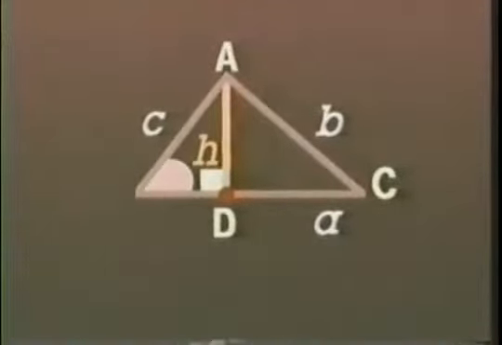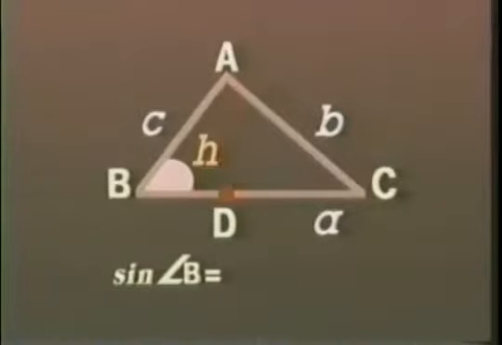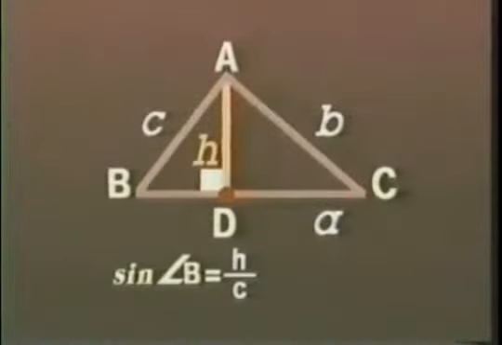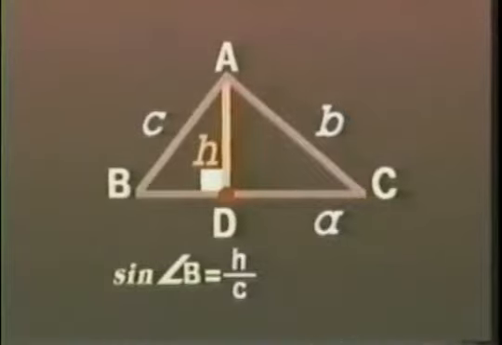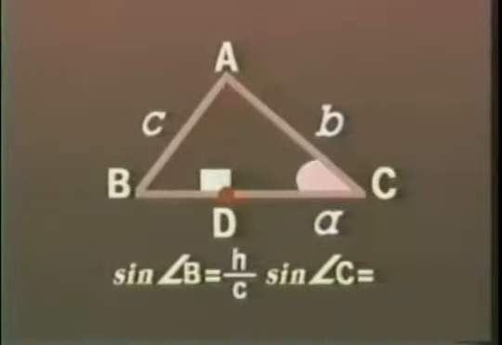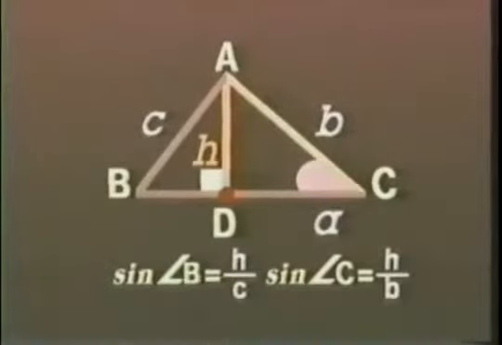In triangle ADB, the sine of angle B is opposite divided by hypotenuse, or h over c. In triangle ADC, the sine of angle C is h over b.